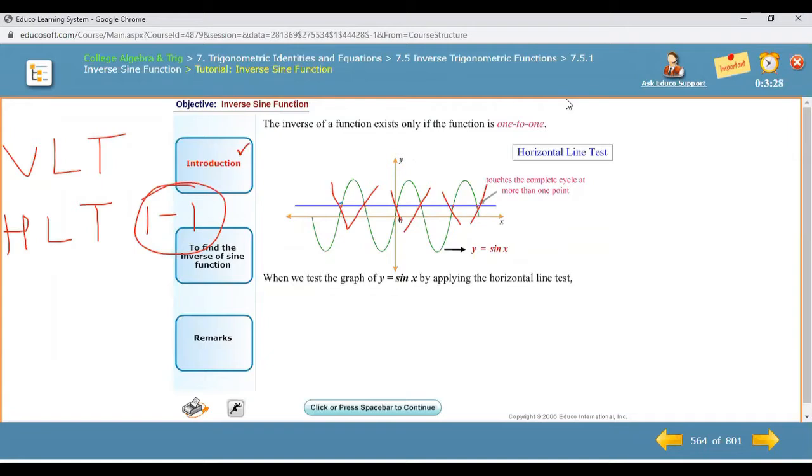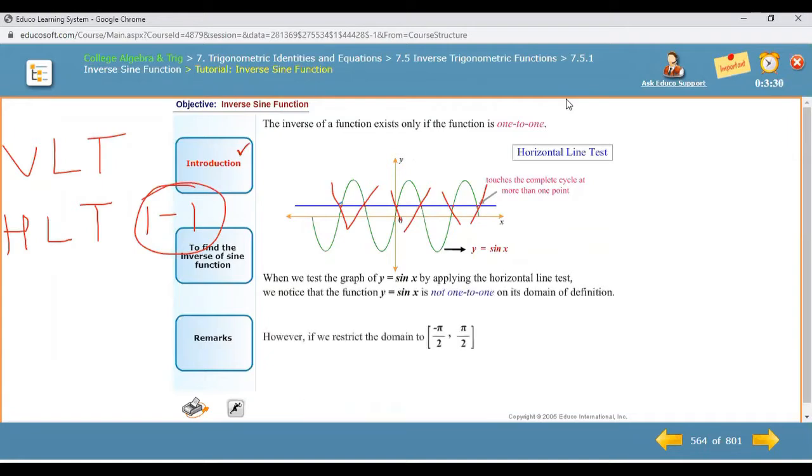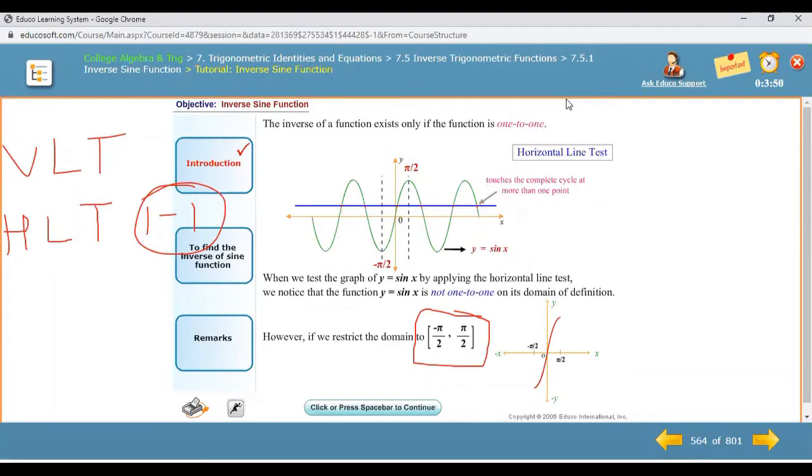So what we do in that case, to make this function 1 to 1, we just consider an interval. What interval did we pick? We picked the graph between -90 to +90 only. Now this is the graph. Let me erase this stuff here. Now we pick up the graph from -90 to +90, this part only.